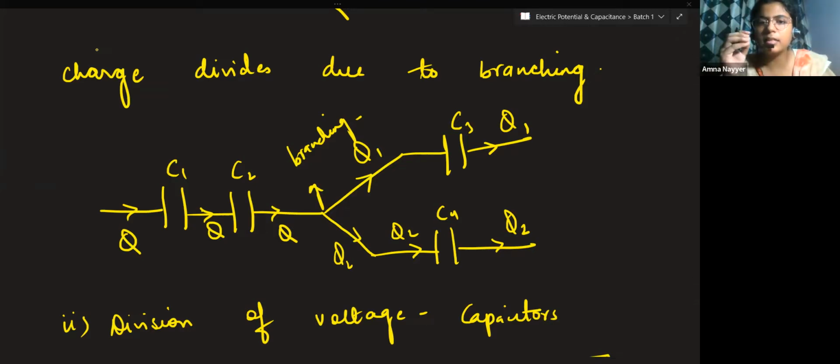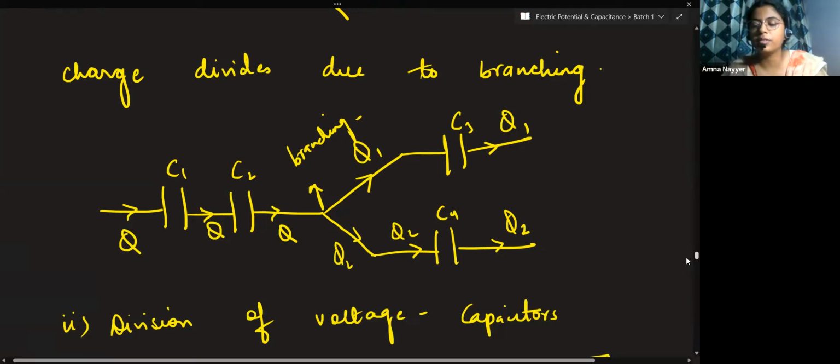So it's better if you pay attention to the capacitors, because whatever you learn in this lesson will apply the same way in the case of resistors. The only difference is that if charge is flowing here, current will be flowing there. And the division of voltage, whether by a capacitor, resistor, inductor, or any device connected, changes your potential difference.